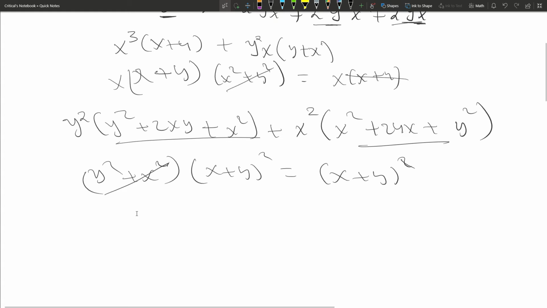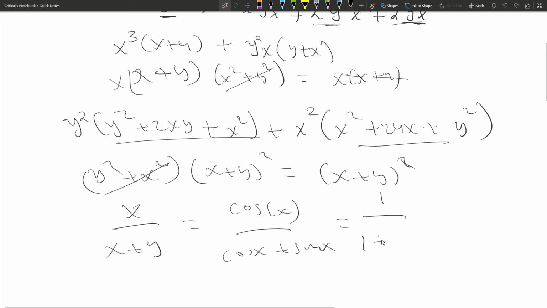So what we have is x over x plus y, and when we rewrite this in terms of cosines and sines, we get cosine x over cosine x plus sine x, and if cosine x is not 0, then this is just 1 over 1 plus tan of x.